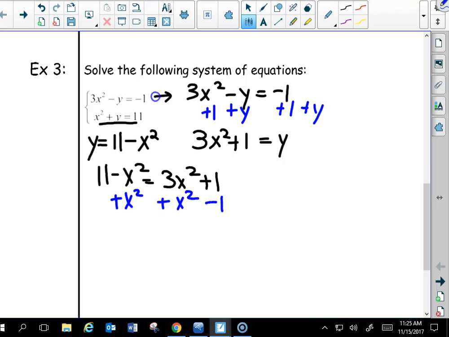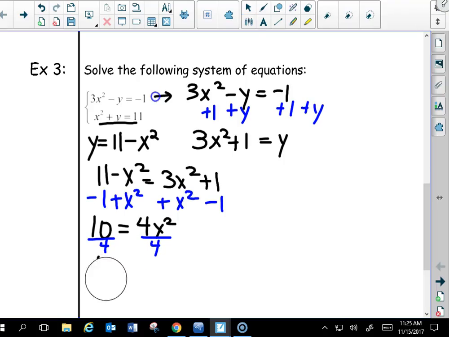I'm going to get a number on the other side. And that gives 10 equals 4x squared. Divide by 4. And what I get here is 10 over 4 equals x squared. Actually, I'm going to reduce that to 5 over 2.